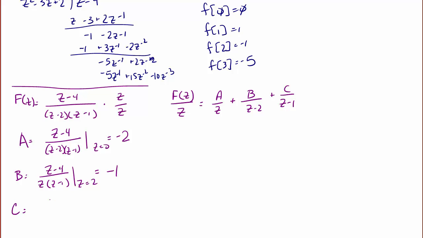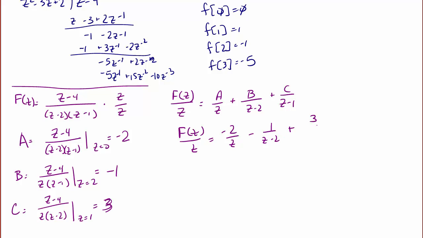And C is equal to Z minus 4 divided by Z times Z minus 2 evaluated at Z equal 1, which equals 3. F of Z over Z equals negative 2 over Z minus 1 over Z minus 2 plus 3 over Z minus 1. So f of Z is equal to negative 2 minus Z over Z minus 2 plus 3Z over Z minus 1.